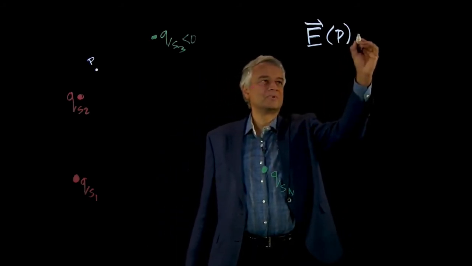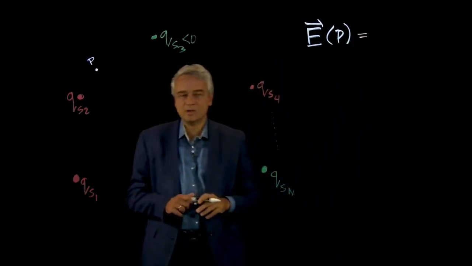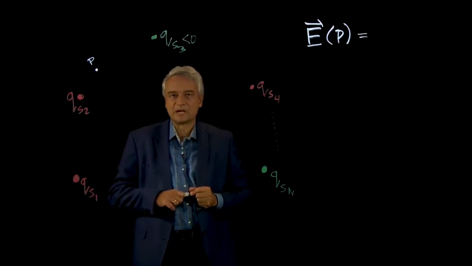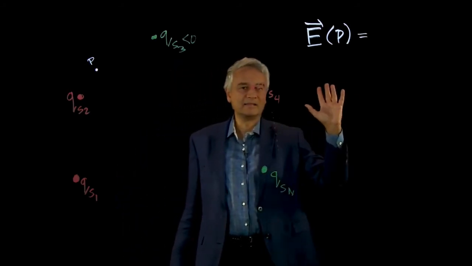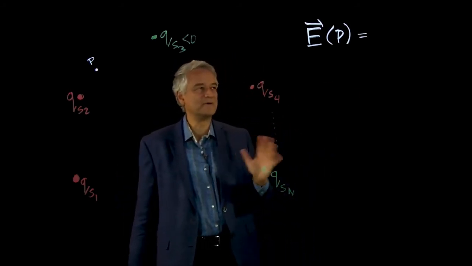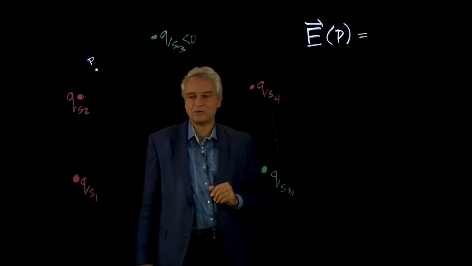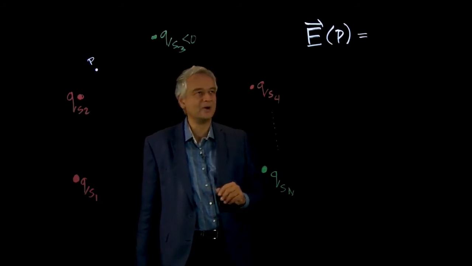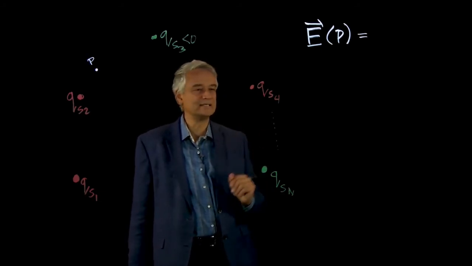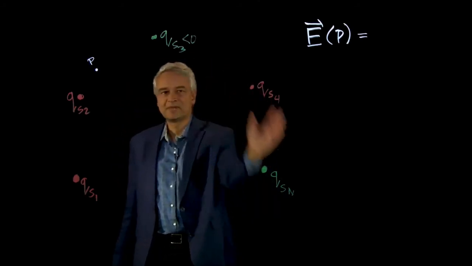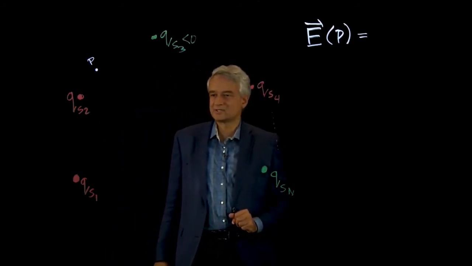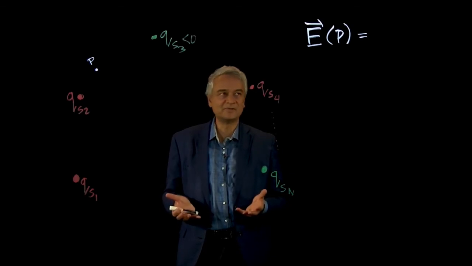The answer to this question is something that we know only from doing experiments. It's the last piece of our fundamental understanding of how Coulomb's law works, how electric fields are created. And you can't derive the answer to this question from Coulomb's law as I've given it to you.